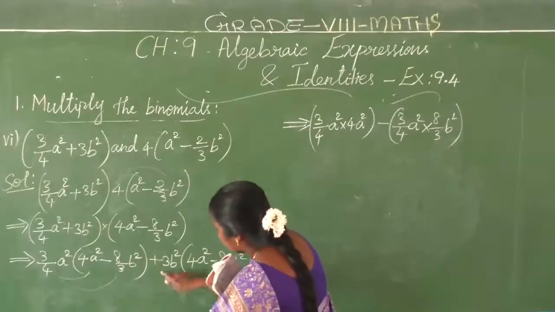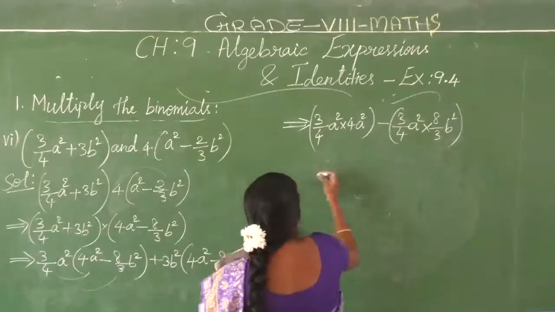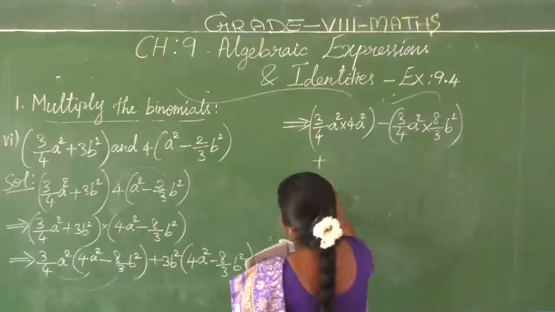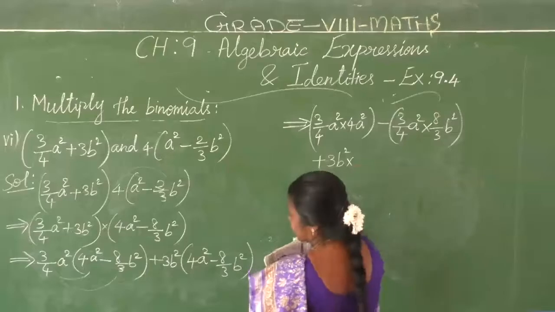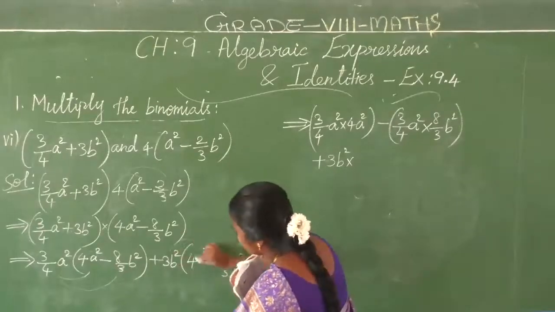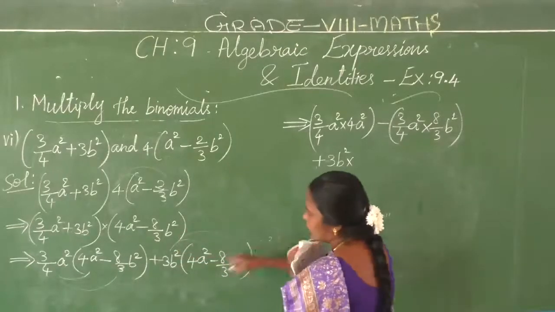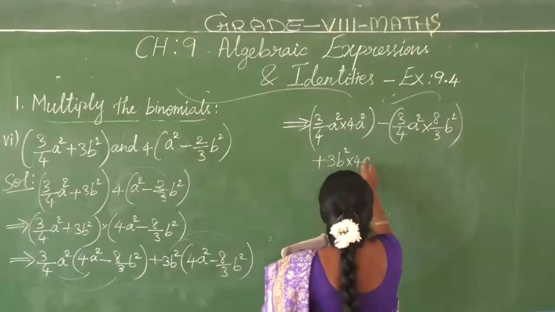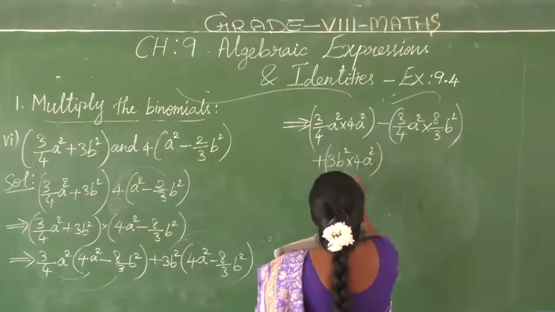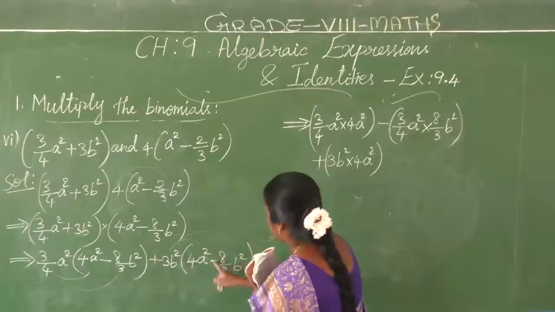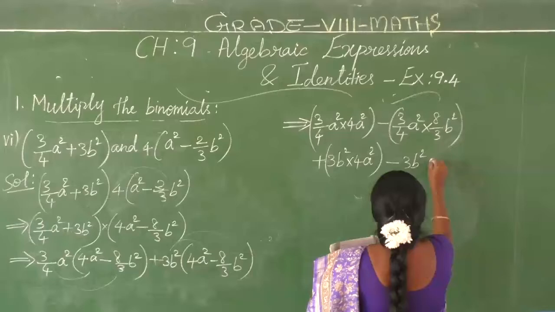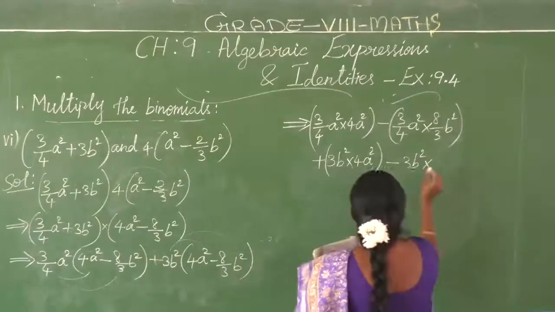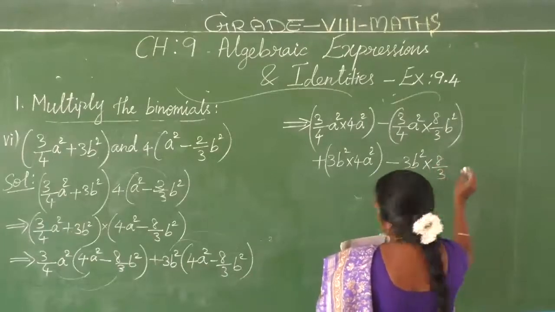Come to here. Here if you multiply these two, what comes? Plus 3b square into 4a square. This into this, this into this. Okay, 3b square into 4a square. Okay, plus into minus, minus 3b square into 8/3 b square.